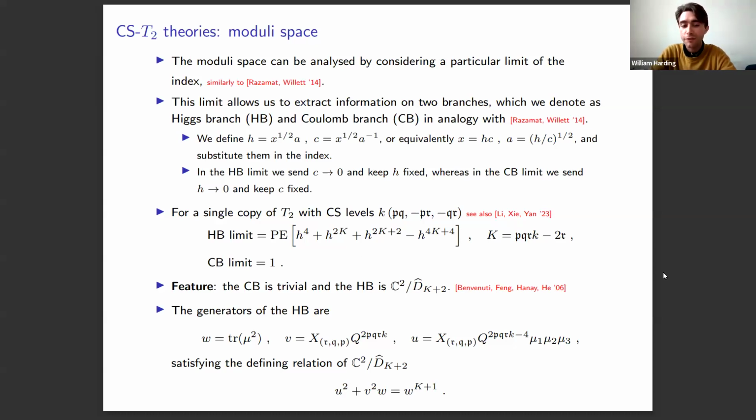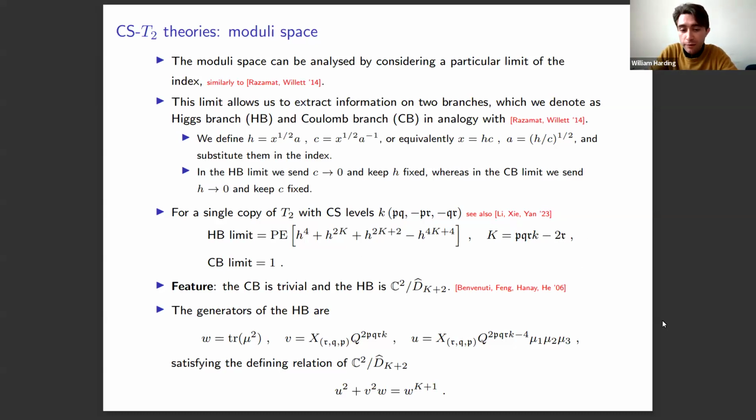So the feature of this class of theories is that the Coulomb branch is trivial, and the Higgs branch is isomorphic to C2 mod D_{K+2}, where capital K, which I defined here, is related to the values of the Chern-Simons levels.